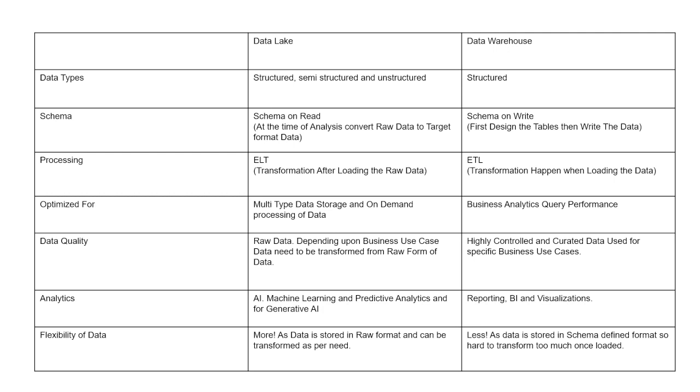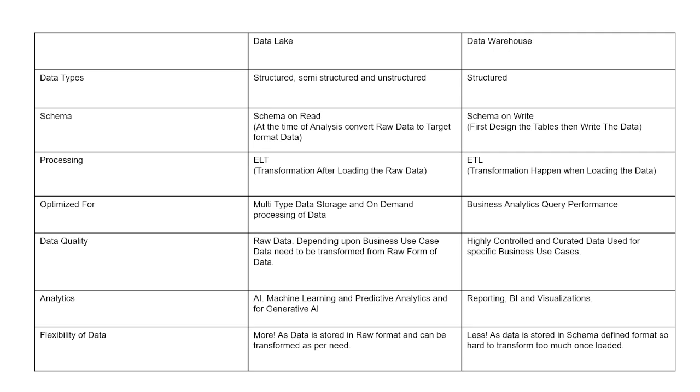So we create some level of quality, but still it is not like a data warehouse. In data warehouse it's highly controlled and curated data used for specific business purposes, so you cannot change the quality of the data. Data warehouse always has better data quality than data lake.